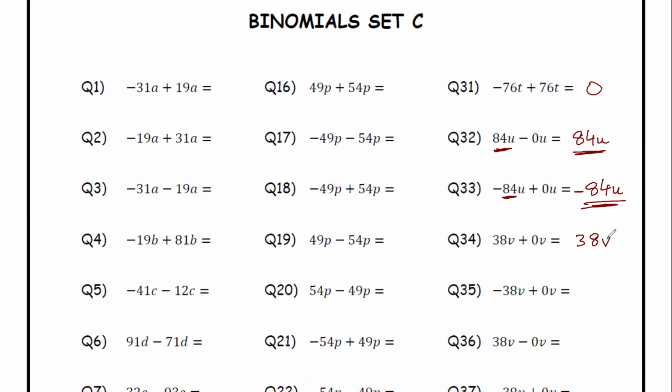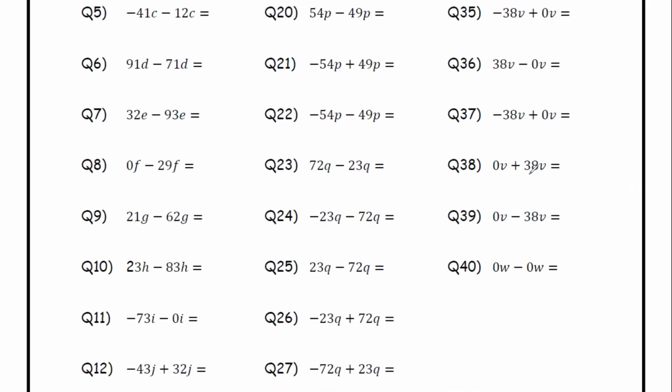This is 38v minus 38v, negative 38v, negative 38v.